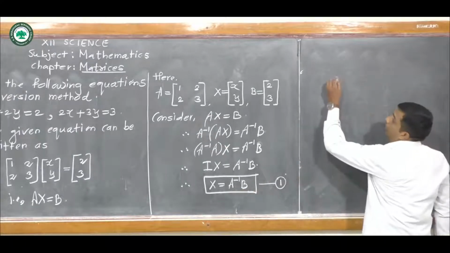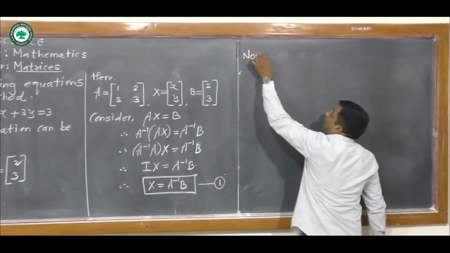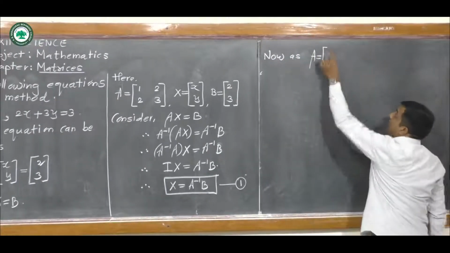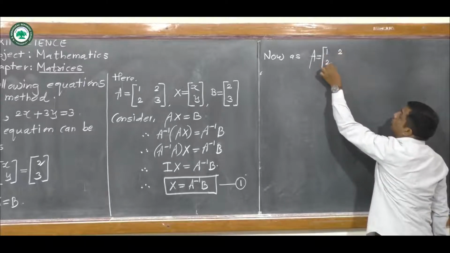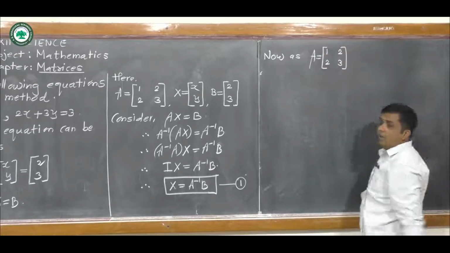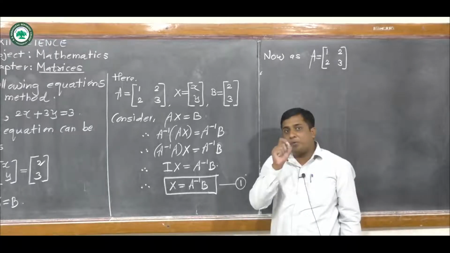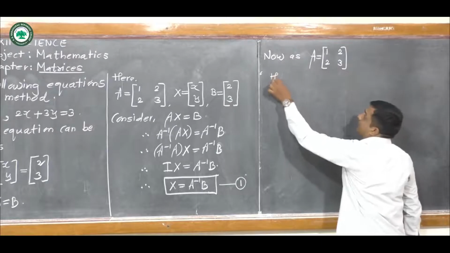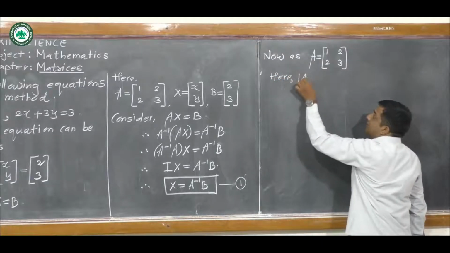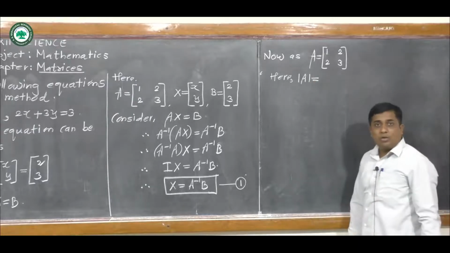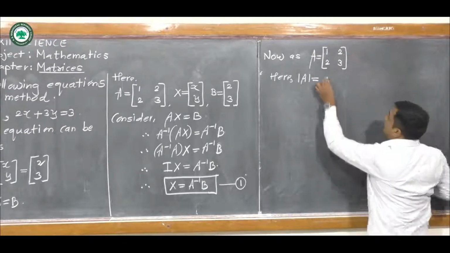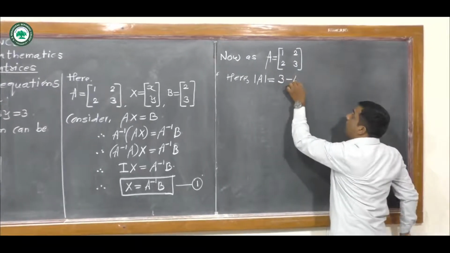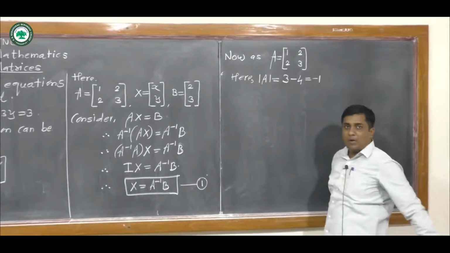Now A is the matrix having elements 1, 2, 2, 3. Firstly, we check whether inverse of given matrix exists or not, and to check this we consider determinant of A. Here determinant of A is equal to 1 into 3 is 3 with minus sign 2 into 2 is 4, and this is equal to minus 1.